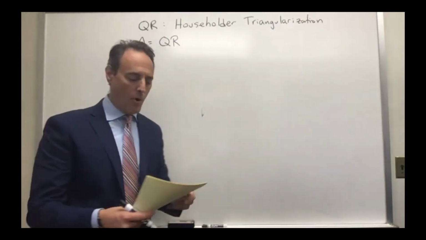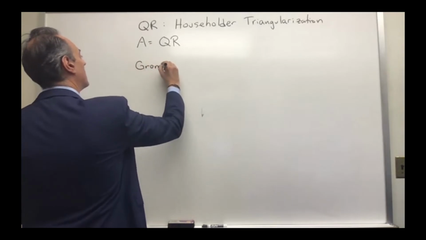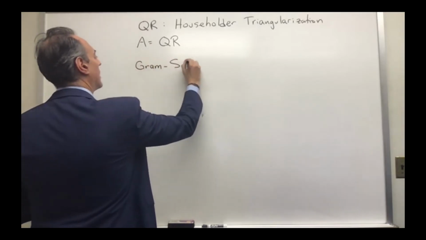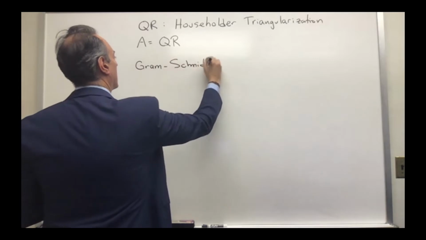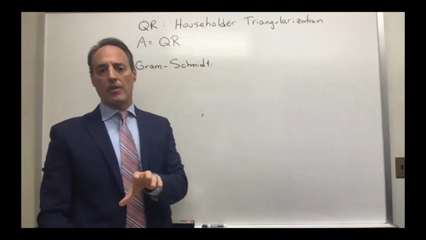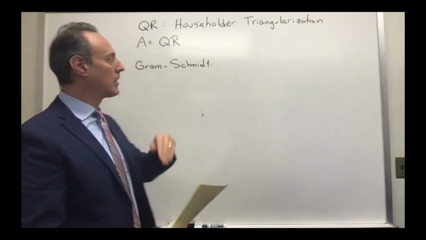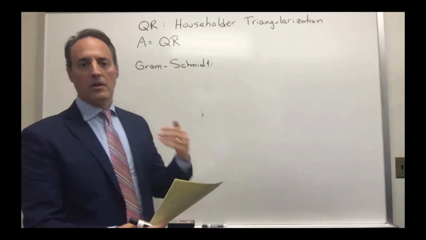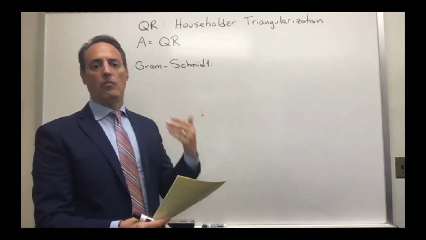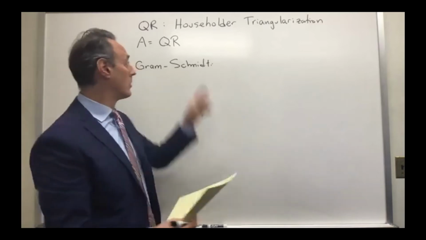Now, what we did before with Gram-Schmidt is we came up with a recursive algorithm, and that recursive algorithm was such that we recursively built essentially rows of that matrix orthogonal spanning space Q. Okay?